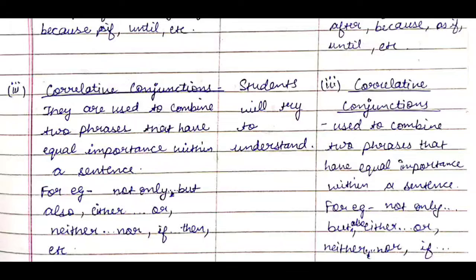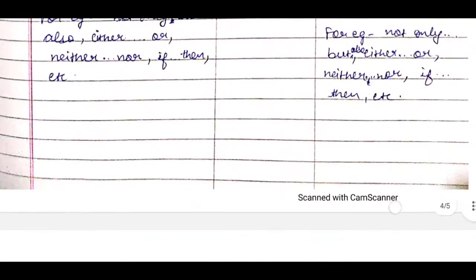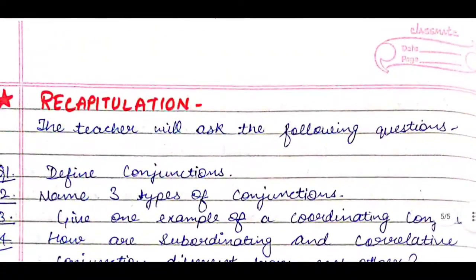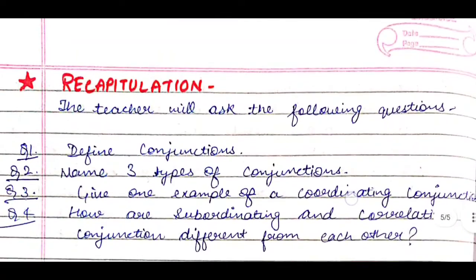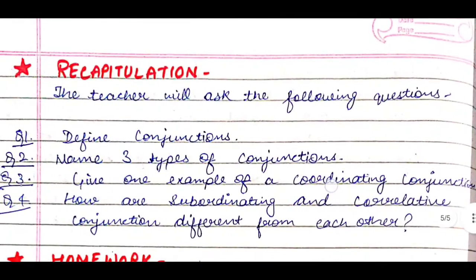Students will try to understand, and we'll write the heading, the explanation and the definition along with the examples on the board for them to understand and copy. You can also give the examples by writing complete sentences.